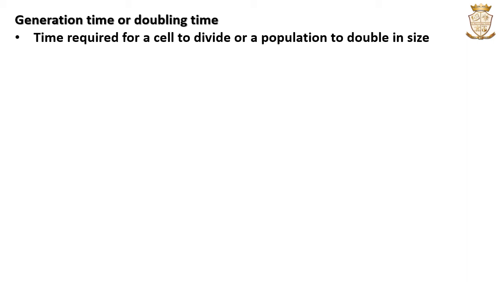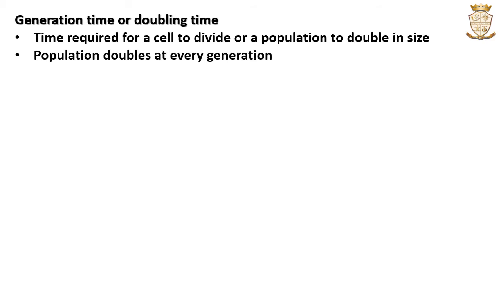Similarly, it is the time required for a microbial population to double in its size. So this is the generation time or doubling time. In other words, generation time or doubling time is the time required for a bacterial cell to divide into two, or the time required for a bacterial population to double in its size.